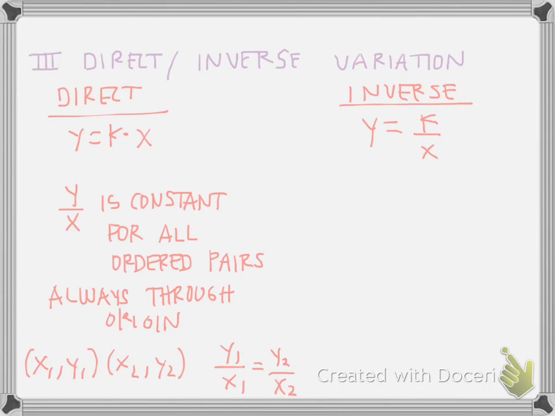Okay, x times y is always constant for all ordered pairs. The graph here does not go through the origin, but it's going to look something like this. To solve for this one, if you had an ordered pair x1, y1, and x2, y2, then you would say x1 times y1 is equal to x2 times y2, and you could find the missing piece.